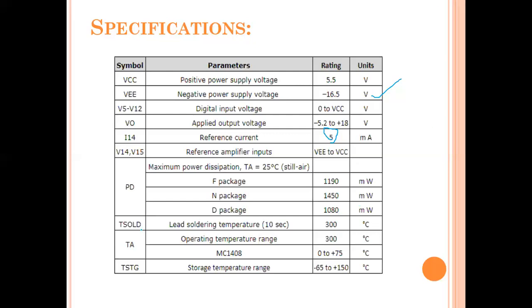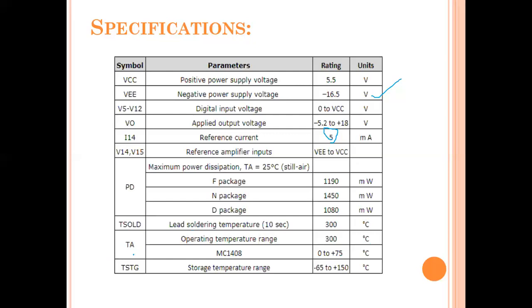Next, T solder. T solder means lead soldering temperature. This temperature has to be taken for every 10 seconds, and it should be 300 degrees Celsius.